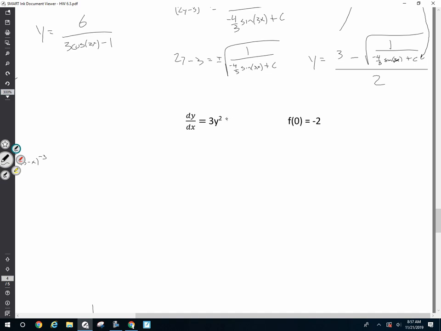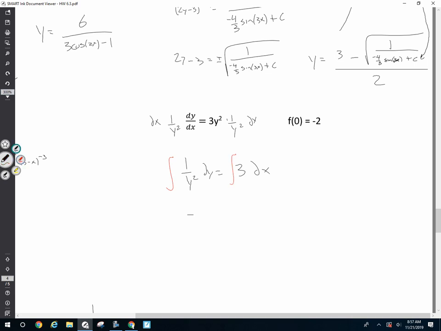It's okay. What if we don't have x's? Leave the 3. Get rid of the y's. Right? Because the antiderivative would be negative 1 over y.